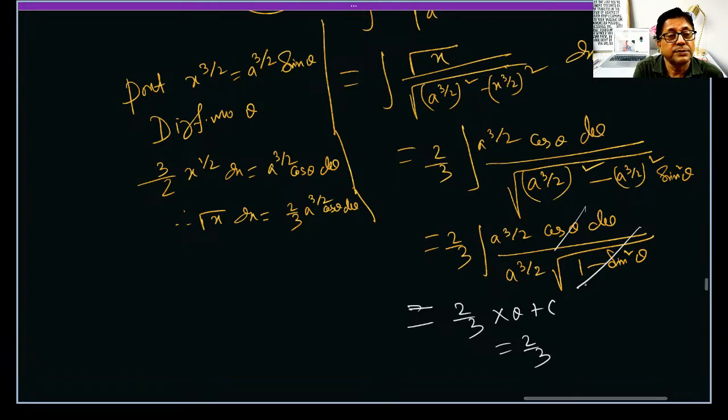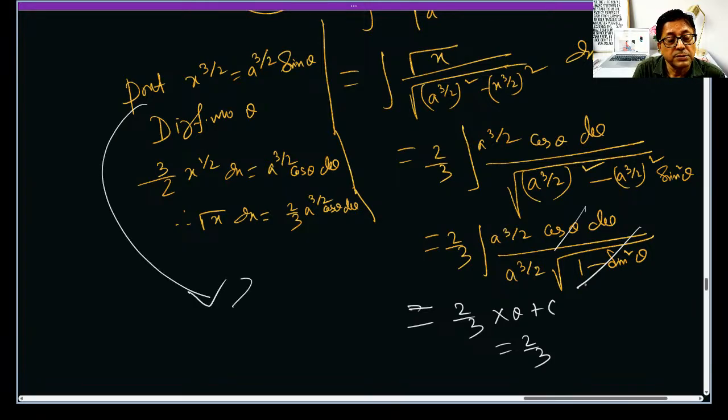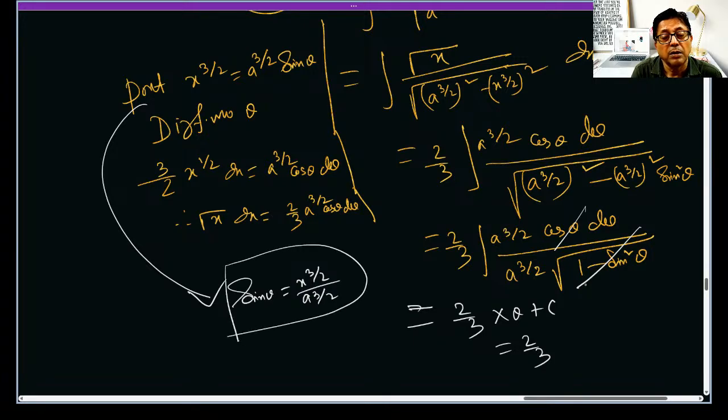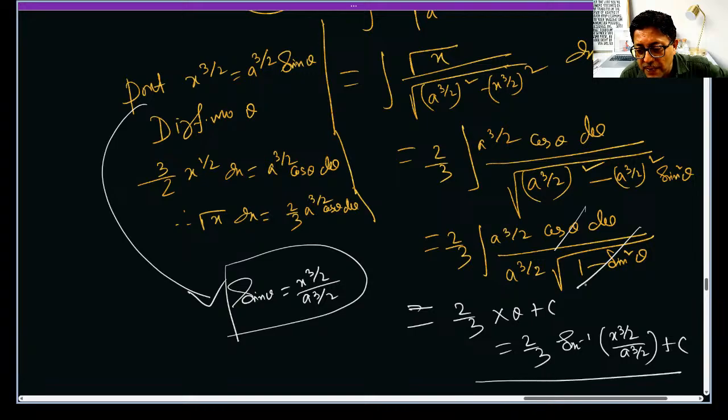Theta is what? So this will be sine inverse. Never forget this step. You must change, isn't it? If you don't change, then you are going to lose marks from here. Okay?